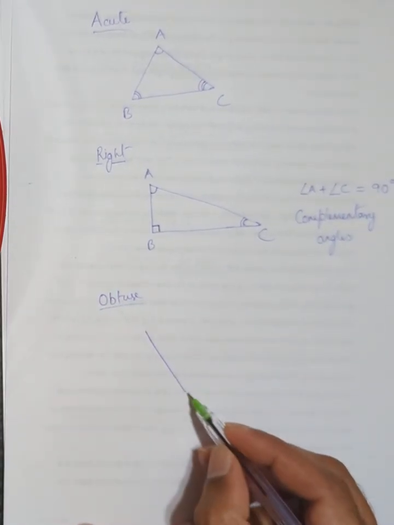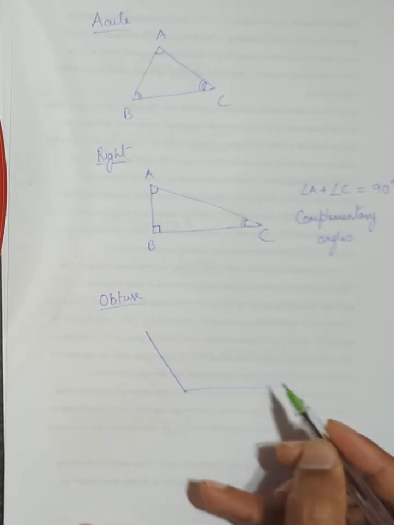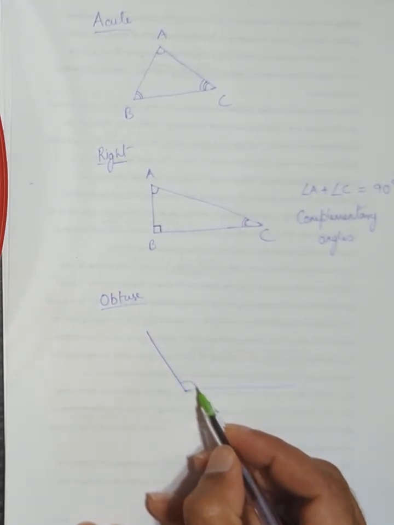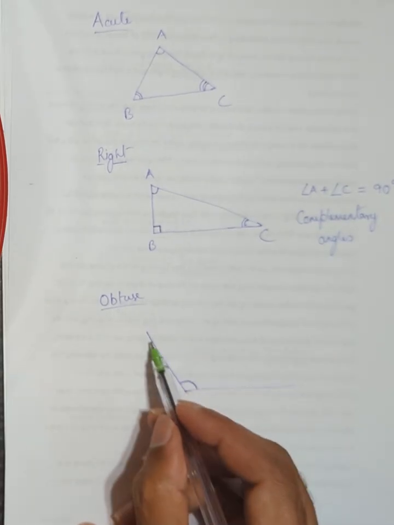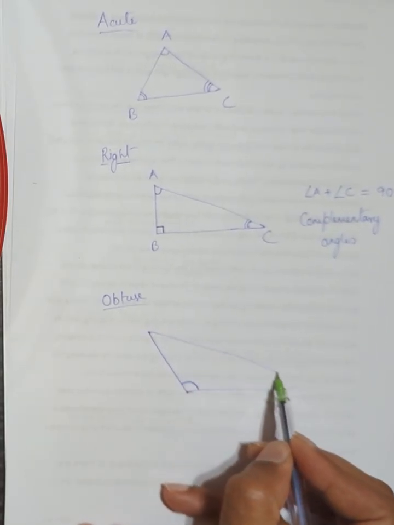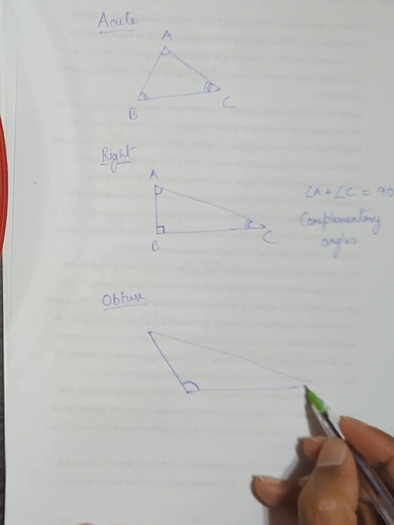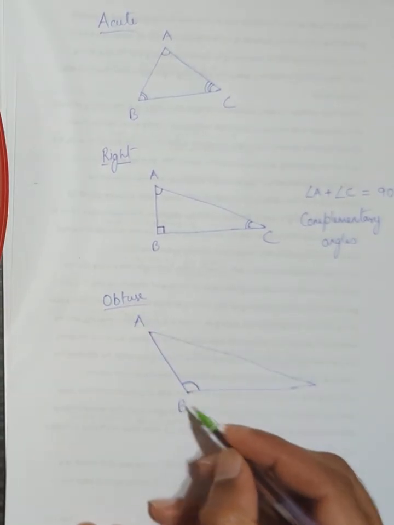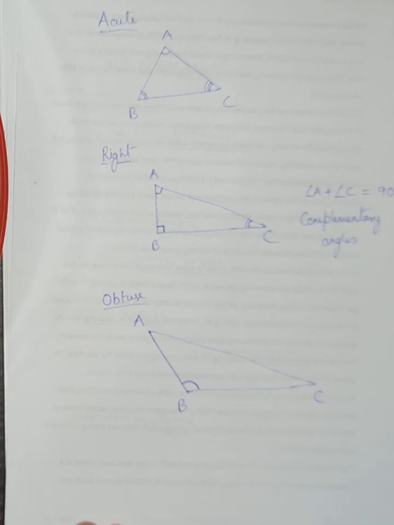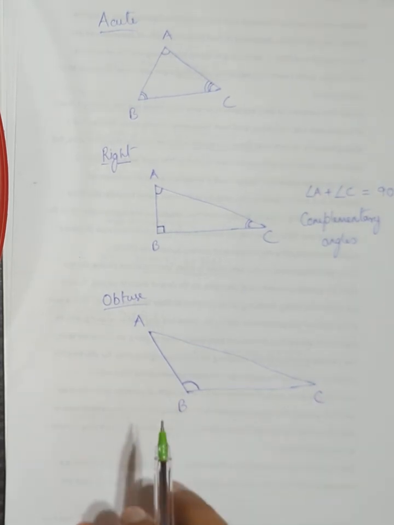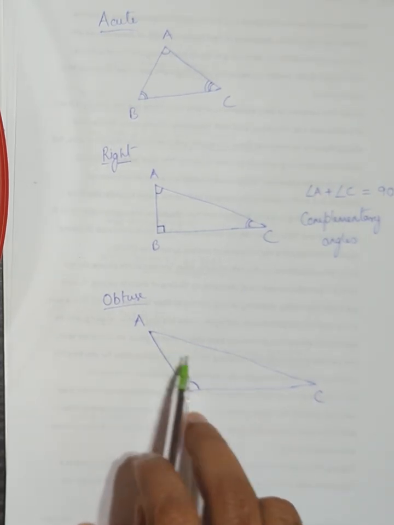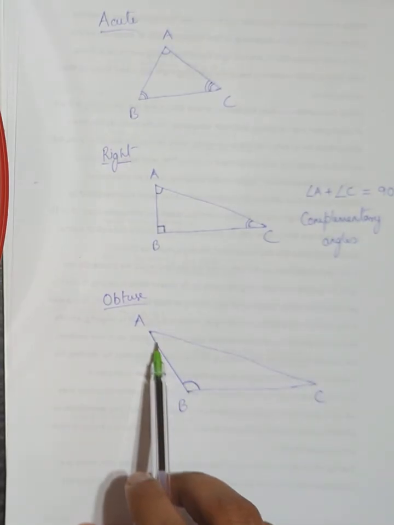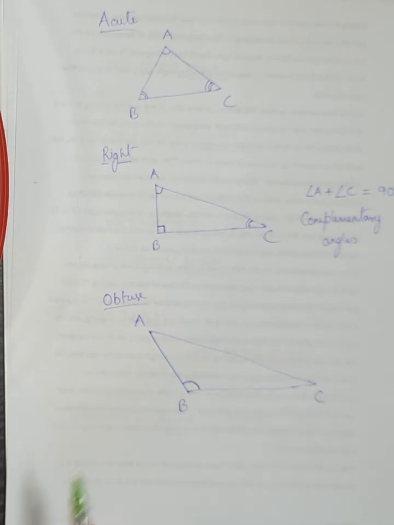If you are going to have one obtuse angle, and notice this is already more than 90 degrees, which means the other two have to be really small angles, because the total has to be only 180 degrees. So if B is obtuse, then A and C will be small angles. In fact, the total will be less than 90 degrees.